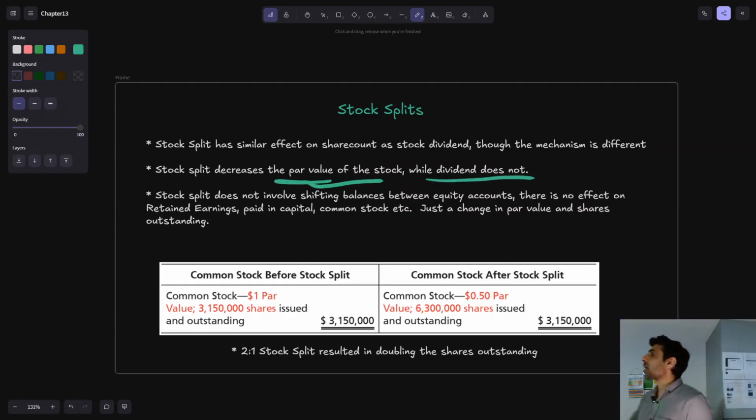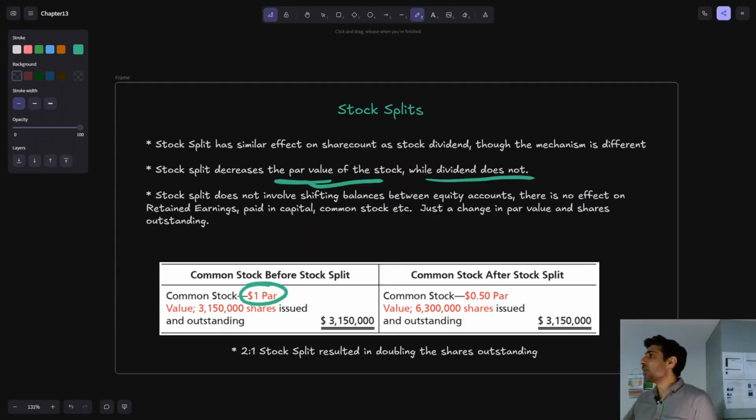You can see that with the stock dividend, we kept the $1 par value the same. With a stock split, you're also going to have a bunch of new shares, and each shareholder is going to get proportionately more shares. But you're not using the dividend account to do anything. You're just going to split the par value.